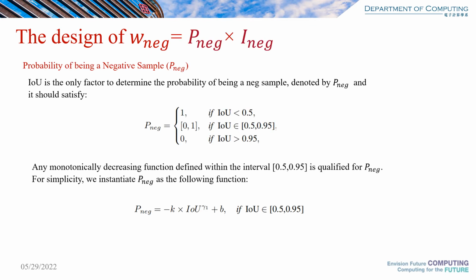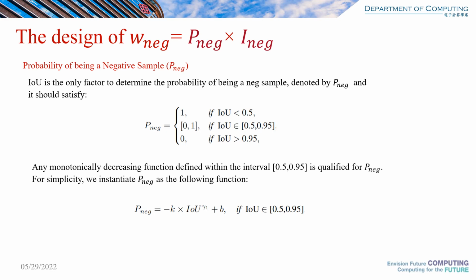The first term is the probability of being a negative sample. According to the evaluation metric of COCO, a predicted bounding box that doesn't satisfy the IoU metric will be regarded as a negative detection, even if it has a high classification score. That is, IoU is the only factor to determine the probability of being a negative sample, and it should satisfy the following rules.